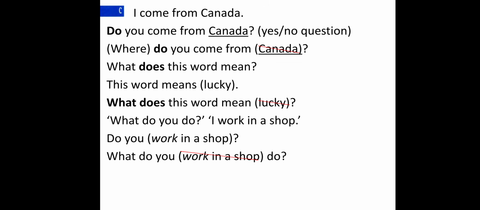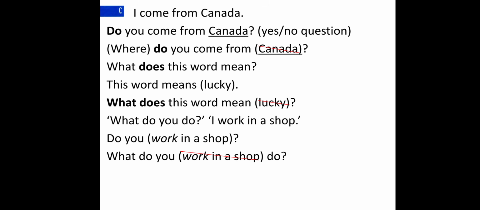So we need the helping verb do to use it for a yes or no question. It becomes "Do you work in a shop?" This is a yes or no question. And working in the shop, we are asking about the action, and the action is something. So we use the WH question word what.